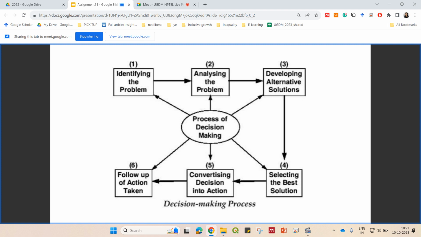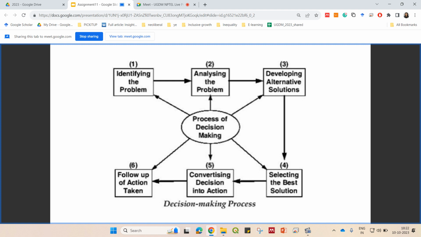After selecting the best solution, you then go ahead to converting the solution, or the decision of selecting one kind of solution, into an action process. So you then identify what kind of different projects or implementable actions you need to take based on the solution that you want.